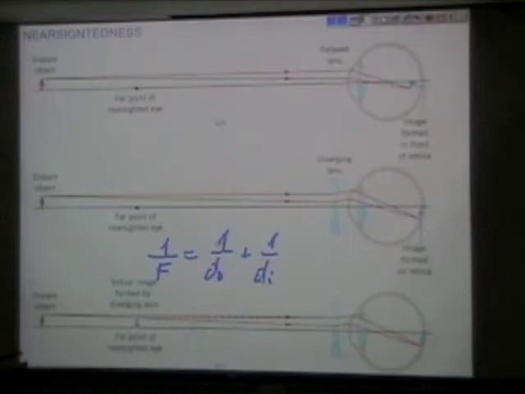If the object is very, very far away, at infinity, then the fraction 1 divided by infinity is just equal to 0. And that means this image distance, which equals the far point of the eye, is equal to the focal distance of this lens.